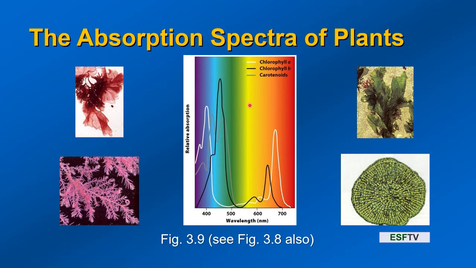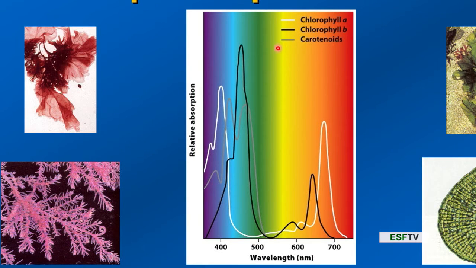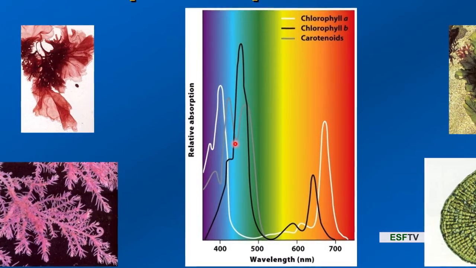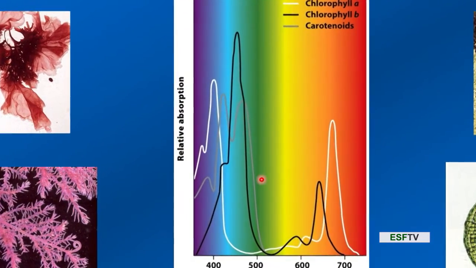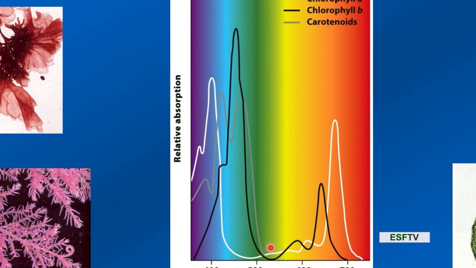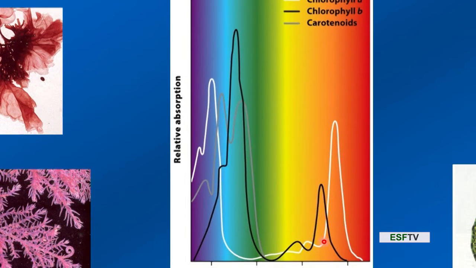And if you look in this figure, the carotenoids, those pigments that are picking up green and blue light, and that's the gray bar here, goes up to 2 peaks right in here, starting down here. I don't know if you could see my laser there, but this gray one is very active at absorbing blue and green, and then it drops to nothing when you get to the yellow, orange, and red.